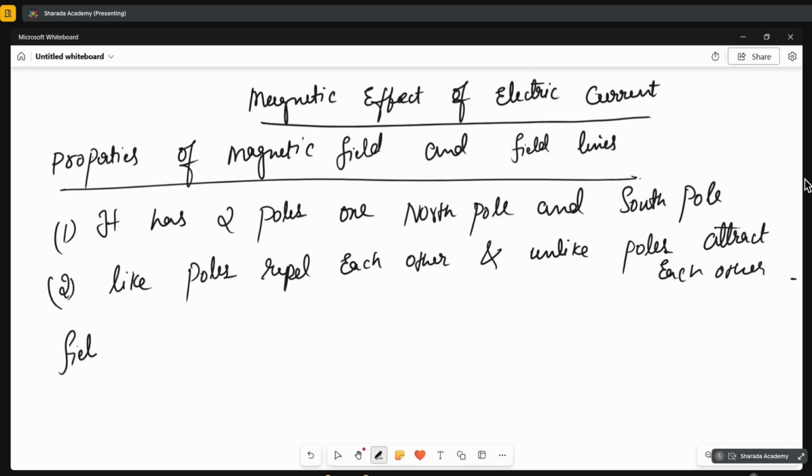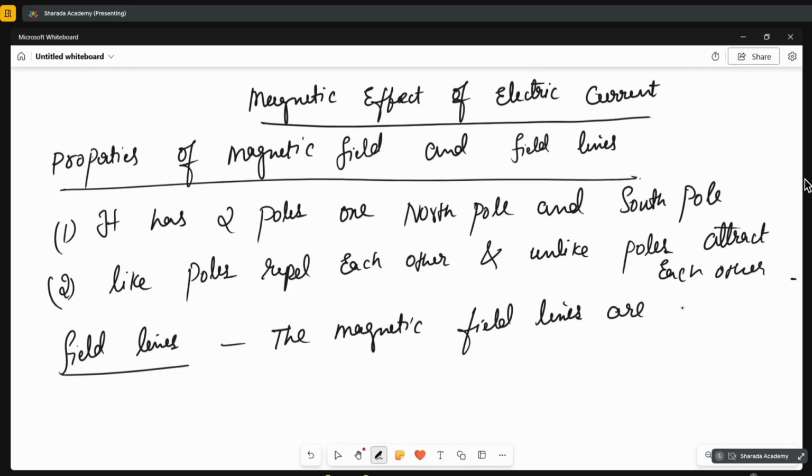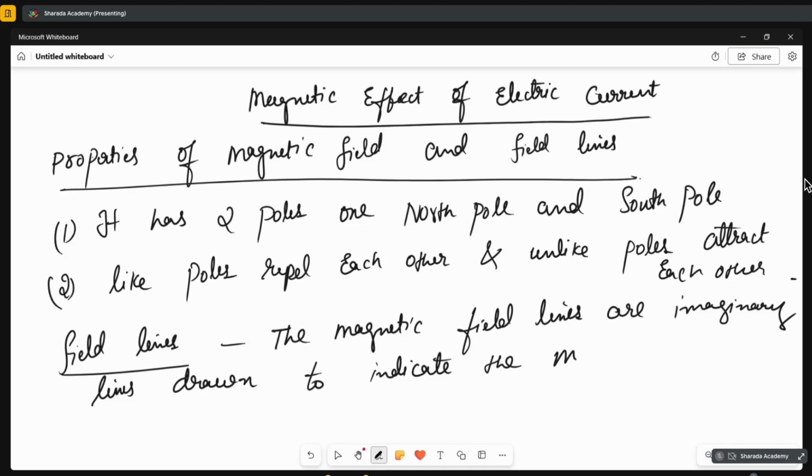Then what is field lines? The magnetic field lines are imaginary lines drawn to indicate the magnetic field around a magnet.